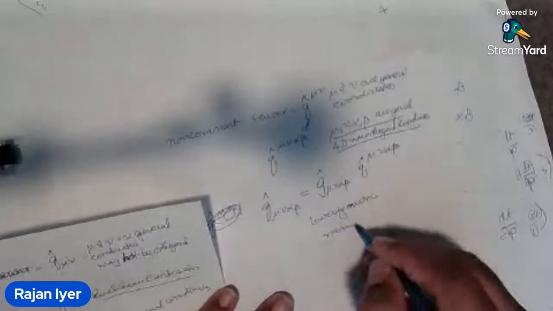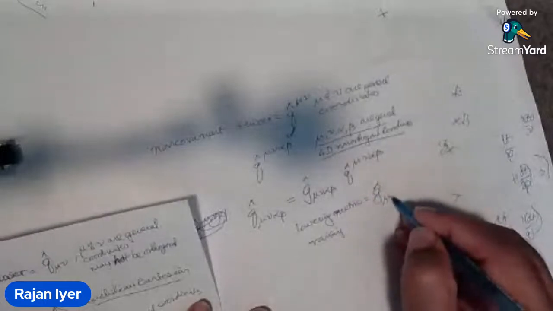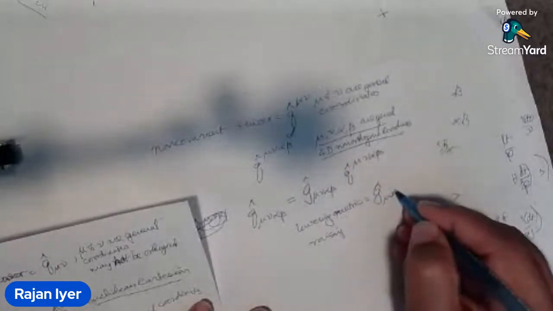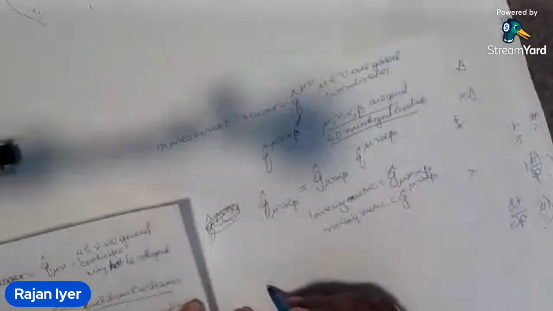Raising the metric means G with upper indices, and that will convert the covariant to contravariant.